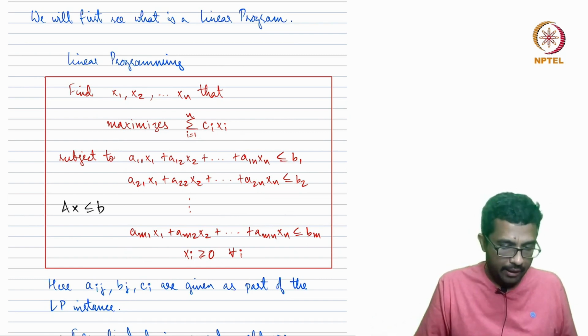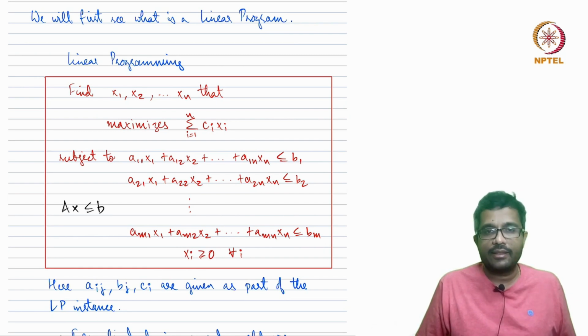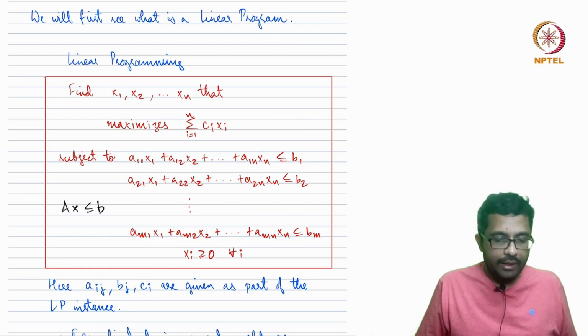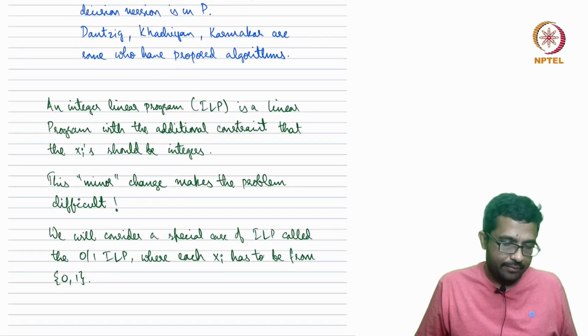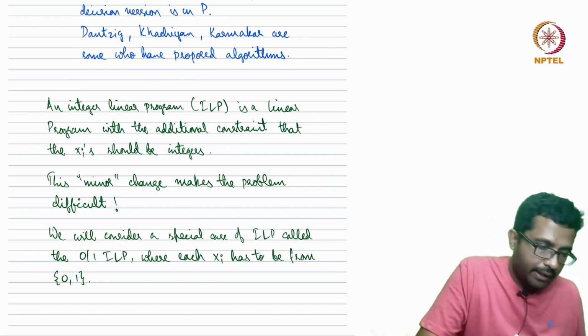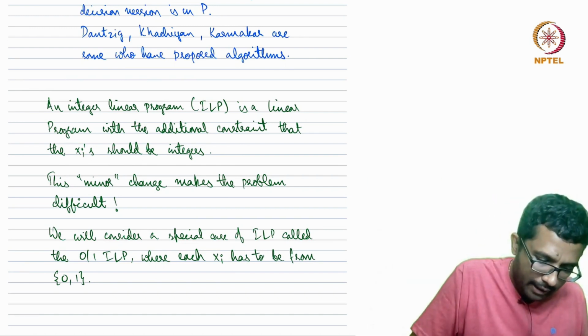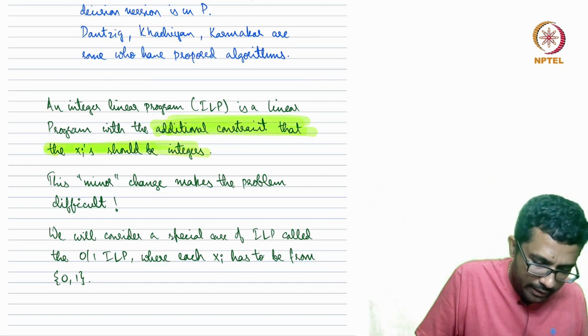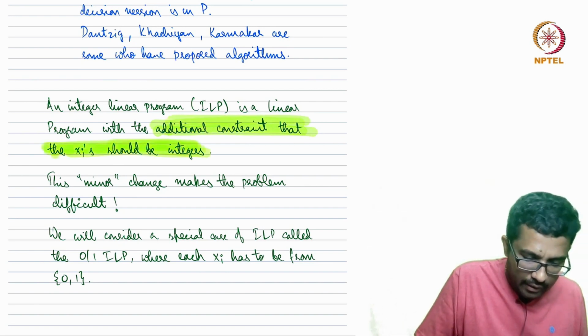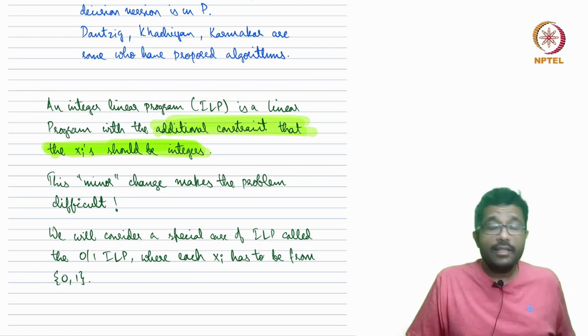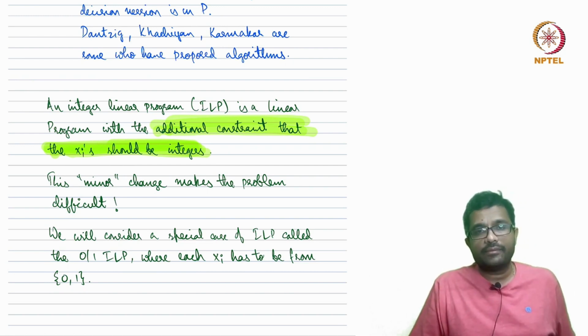The same thing, but I am saying that the xi can only be integers. So this actually changes the whole thing, right? The new constraint is that these xi's should be integers. And this makes the problem hard, right?